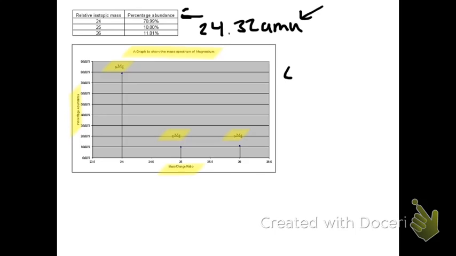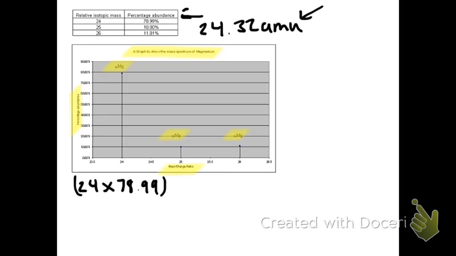So 24, and you're going to multiply it by the percent abundance, 78.99.